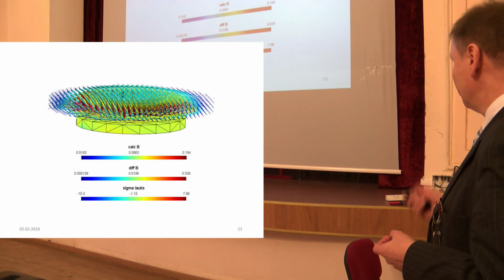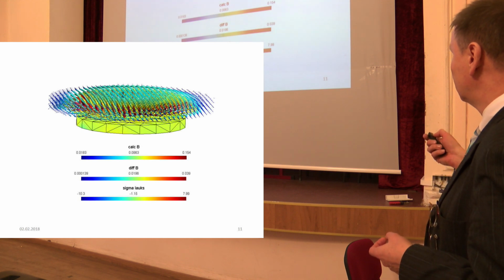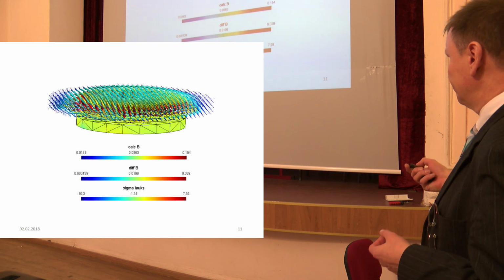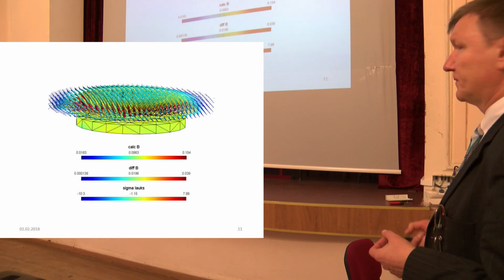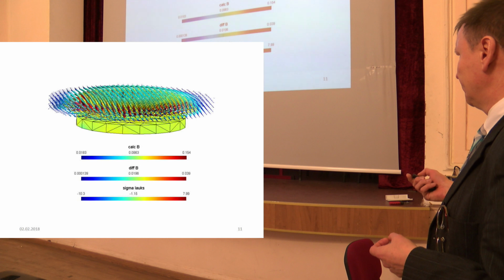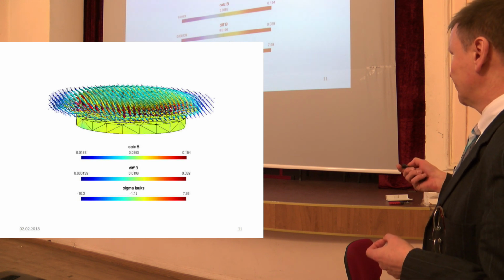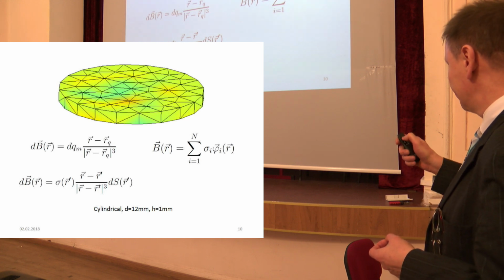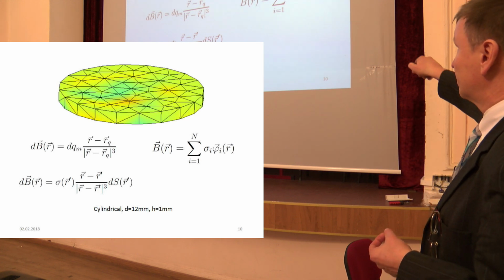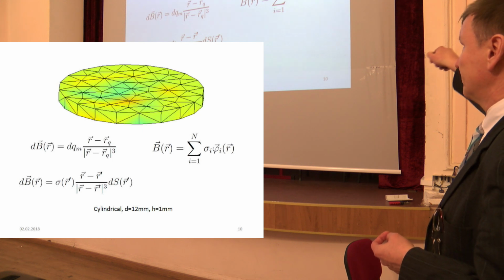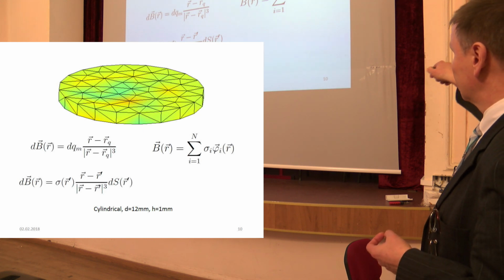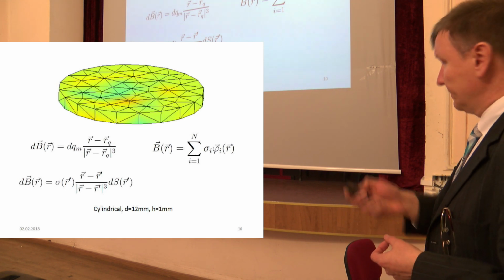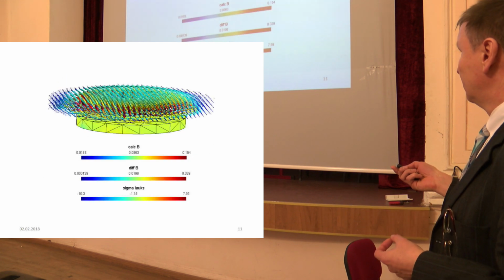Here you can see the calculated magnetic field, the difference between calculated and measured field, and also the surface charge sigma. If you look at that picture, you can maybe see that the surface charge is making strange patterns on the surface, that color blue, color red. It is not what I was expecting.